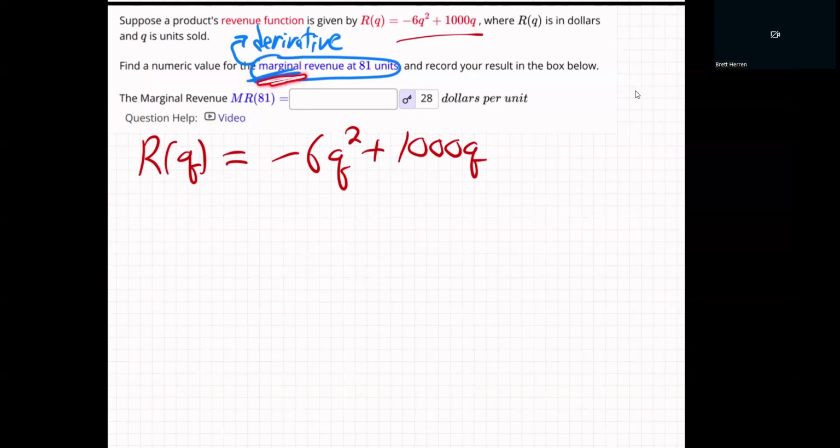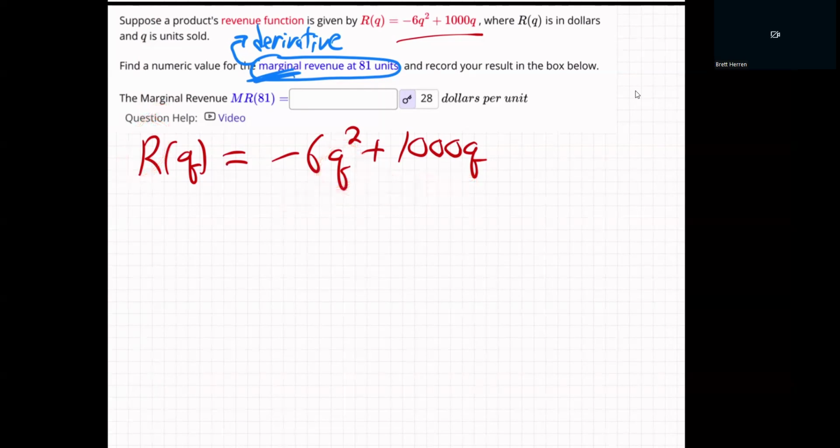So when we talk about the marginal revenue at 81 units, we mean how is the revenue going up if you only do one more unit? Let me say it this way. This is an equation which tells you the revenue, how much money the company is going to take in when they sell Q items.